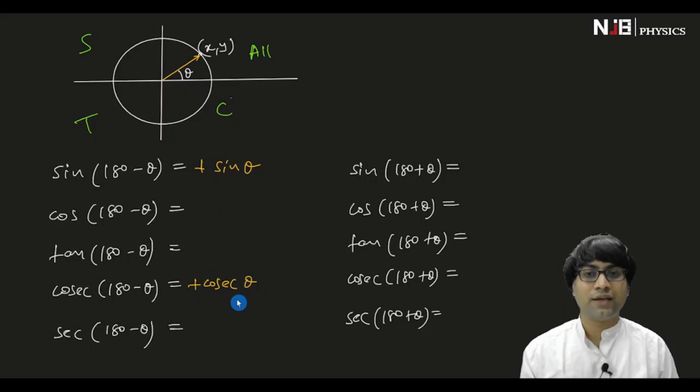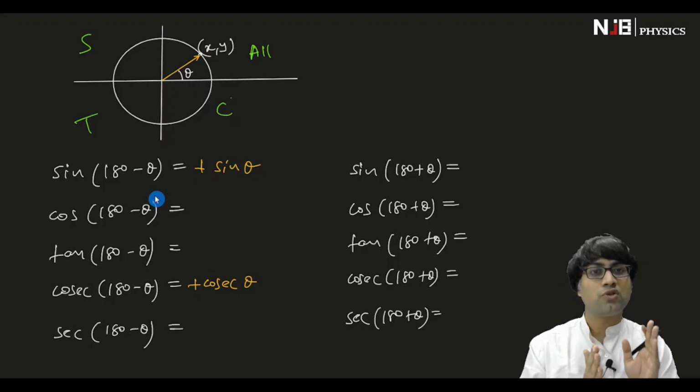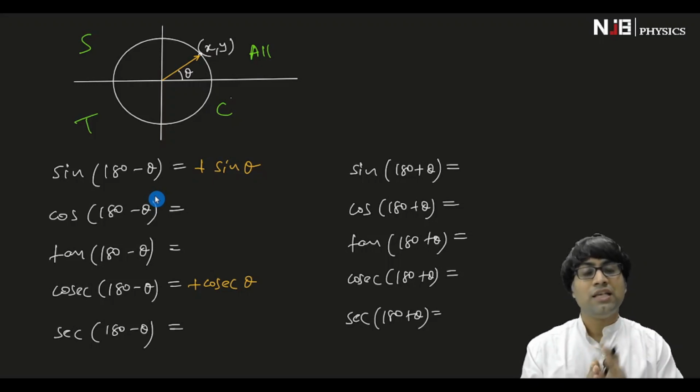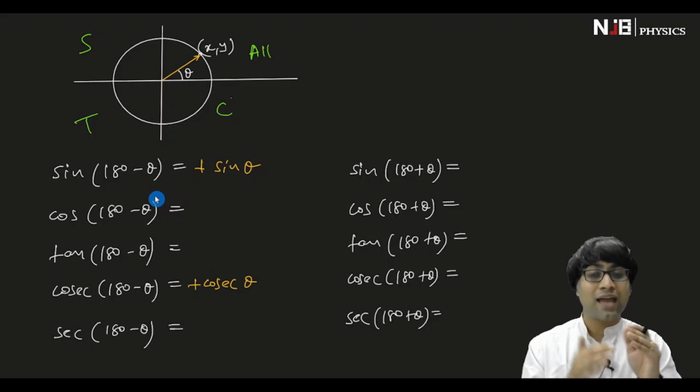So we have to memorize that in case of 90 plus minus, sine will convert to cos, cos will convert to sine, tan will convert to cot, cot will convert to tan, sec will convert to cosec, cosec will convert to sec. However, in case of 180 plus minus, sine will remain sine, cos will remain cos, tan will remain tan, and so on.